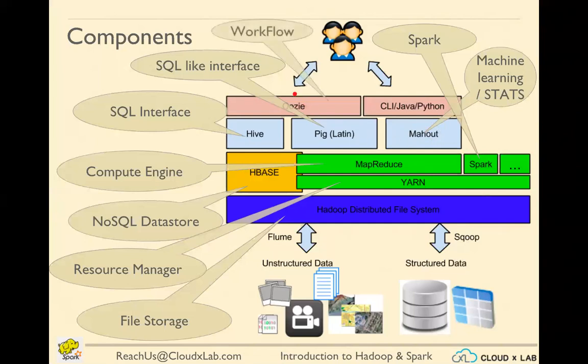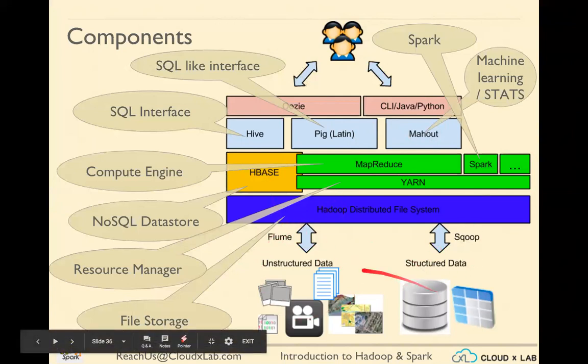All right. So the workflow, when we have a big project, we generally do many things. And there are two tools that we have not discussed: Flume and Sqoop. What does Flume do? Flume basically processes unstructured data.